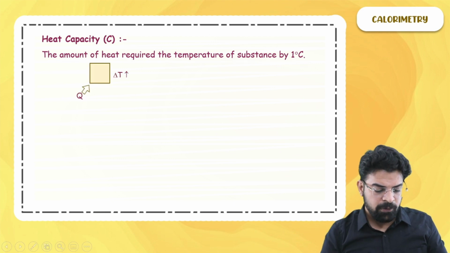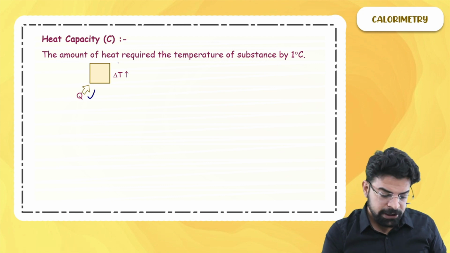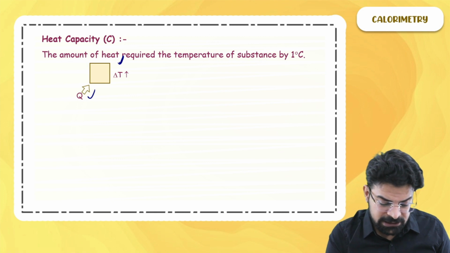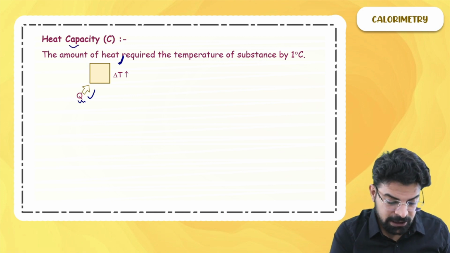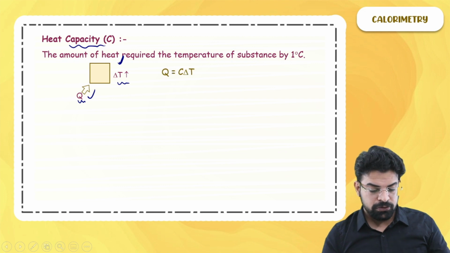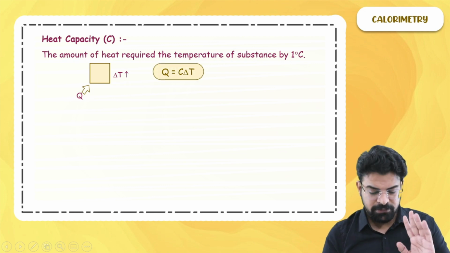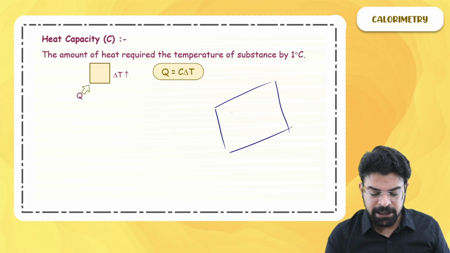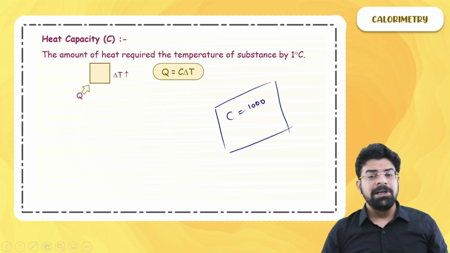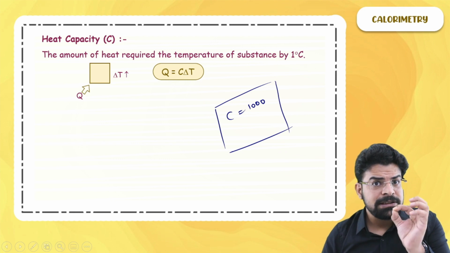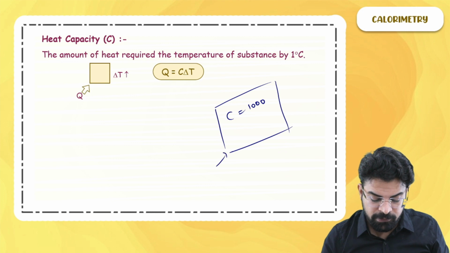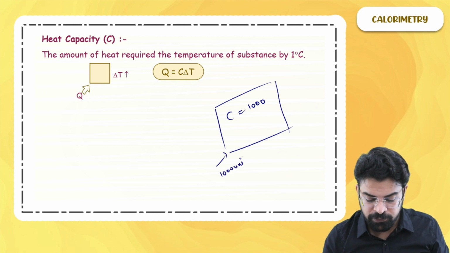So if you are providing a heat Q to a body to increase its temperature by delta T, the relationship between the heat given, the heat capacity and the rise in temperature is given by Q equals C delta T. Sir, how do you get it? Understand it. If I say that the heat capacity of this particular object is 1000, it means that to increase the temperature of this particular object by 1 degree centigrade, I have to provide 1000 units of heat.